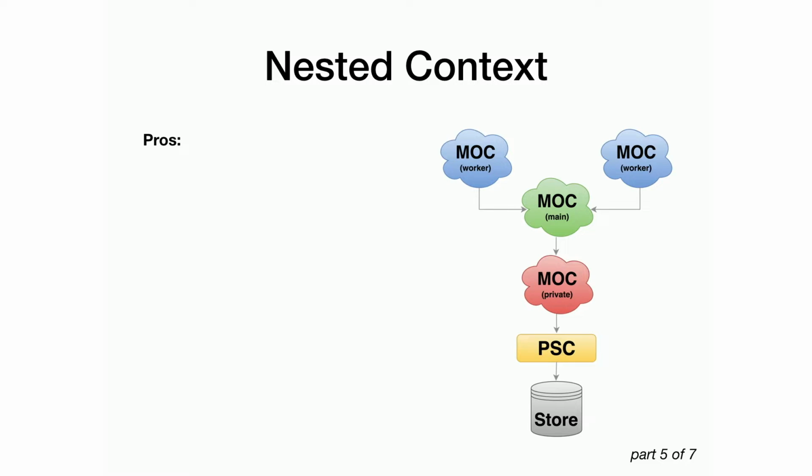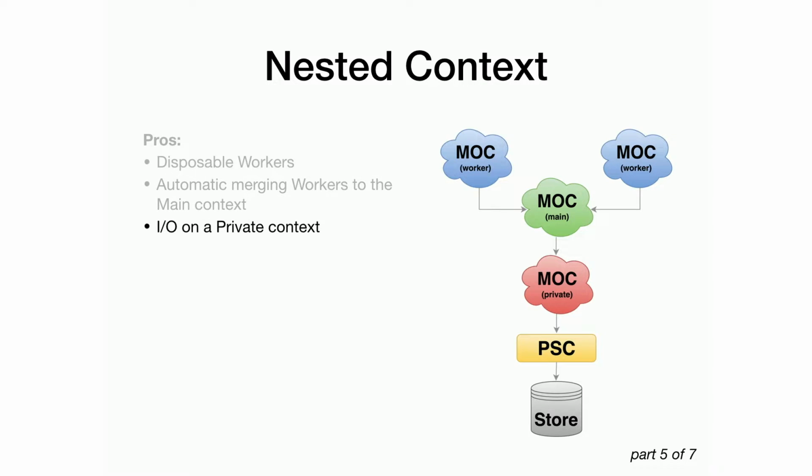Here we have separate background workers which are connected to the main context. By disposable workers, I mean that they can be created per task and destroyed right after the task is finished. All the changes are merged to the main context, so we don't need to write any special code for this merge. And we have a separate private context whose only role is to make input-output operations to the store, to move this logic off the main thread.